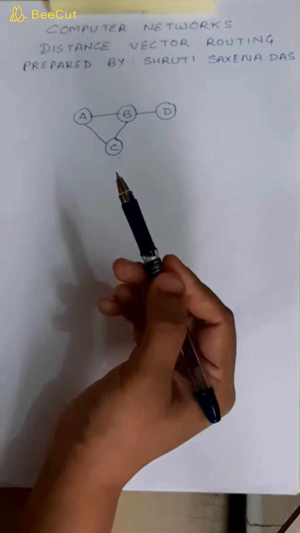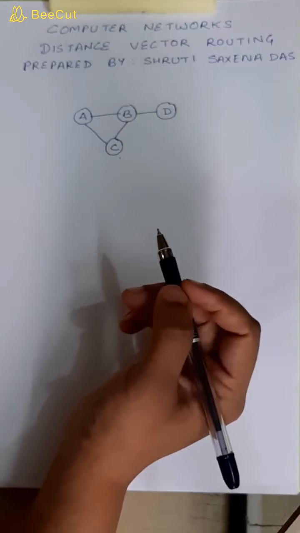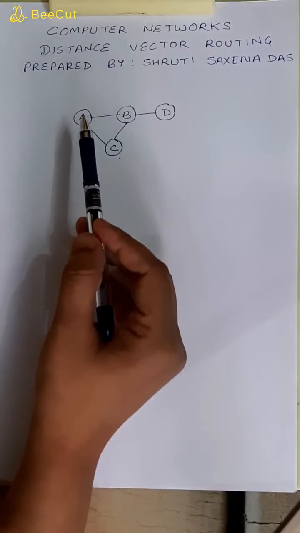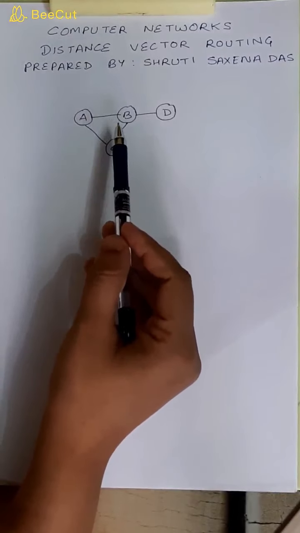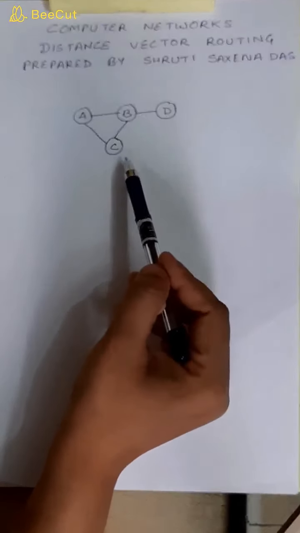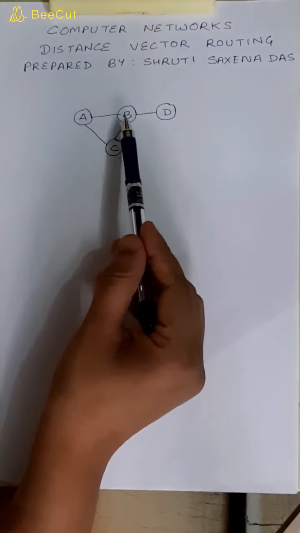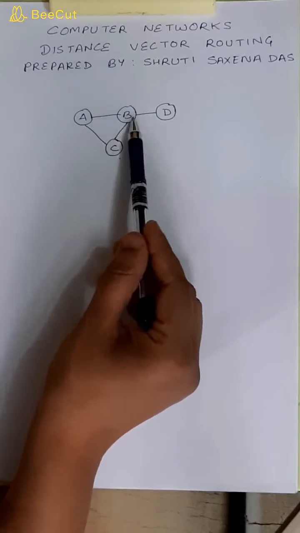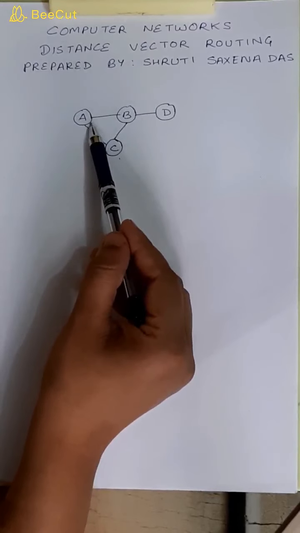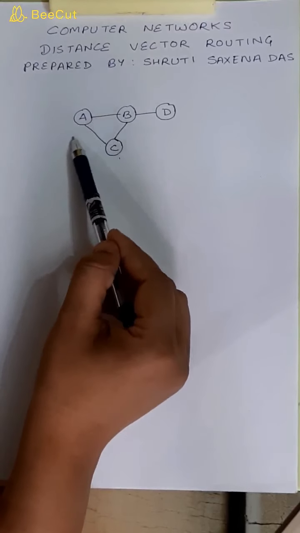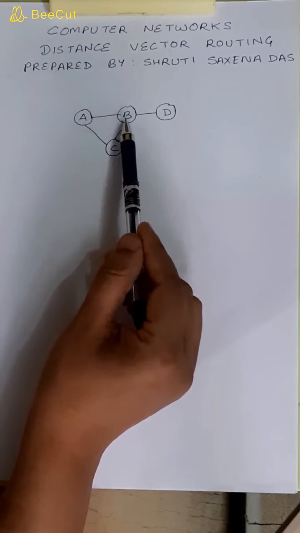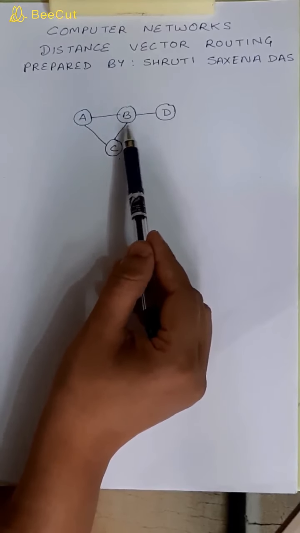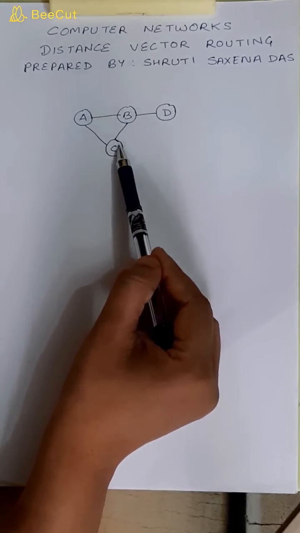Distance vector routing, also known as the Bellman-Ford algorithm, requires that a router inform its neighbors about topology changes periodically. For A, the neighbors are B and C. It should inform them if the topology changes, for example if a new node joins or a link failure occurs, so that they can update their routing tables.